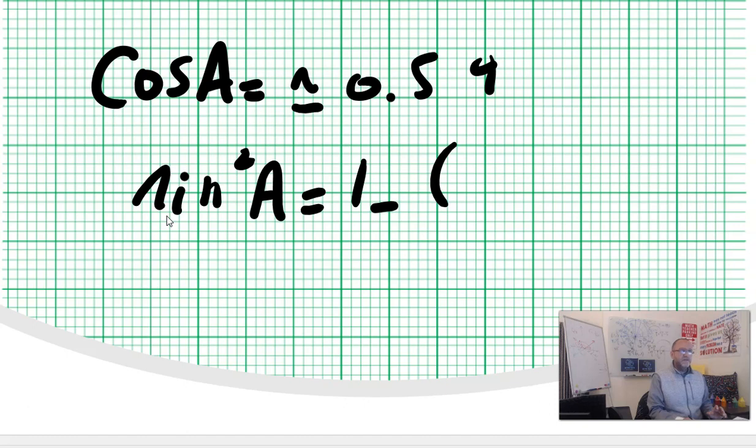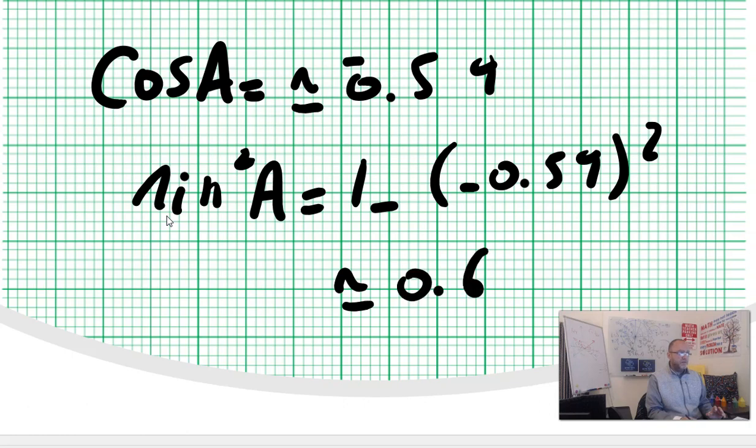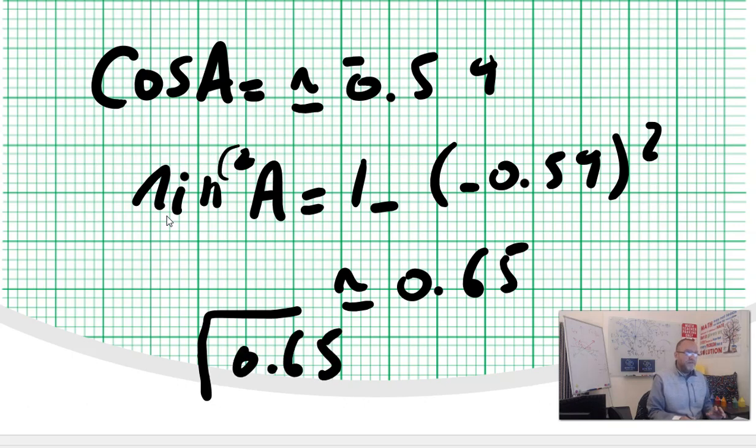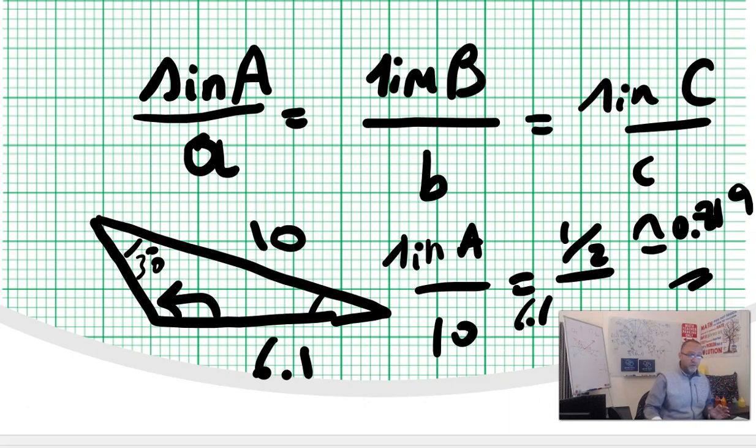So 1 minus 0.59 squared, and that will put us at 0.65, and then the square root of this 0.65, because this is squared here, gives you approximately 0.81, which is very similar to the one that we found when we used the law of sine right here, 0.819.